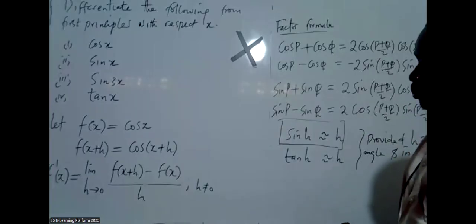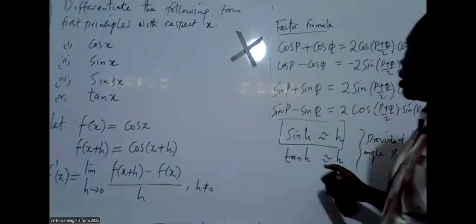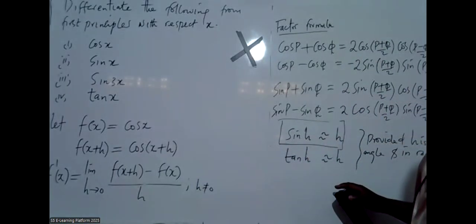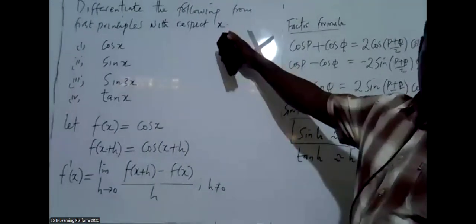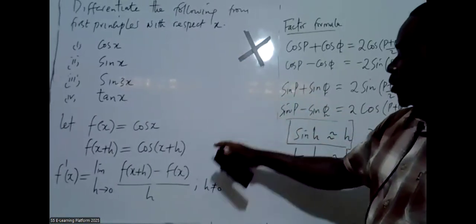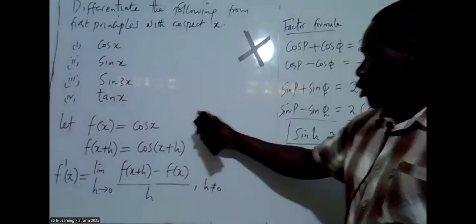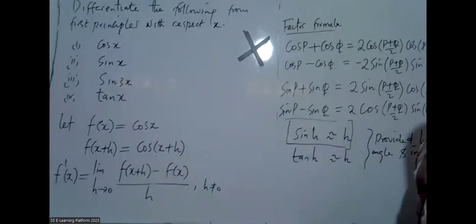I want us to first copy this question here, then you copy up to here, so that I have space. Copy the question: differentiate from first principles the following with respect to x. Those four will be enough for us today. I believe you've put the factor formula somewhere, and you should be able to remind me what to write.